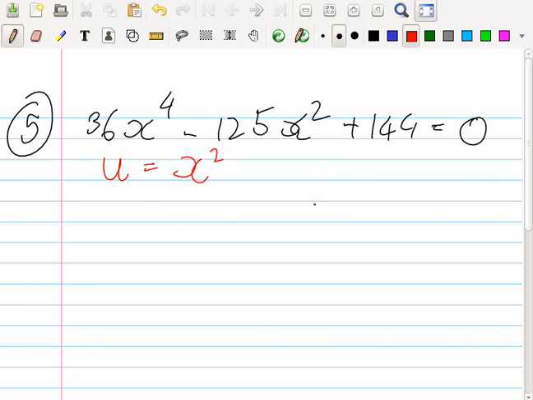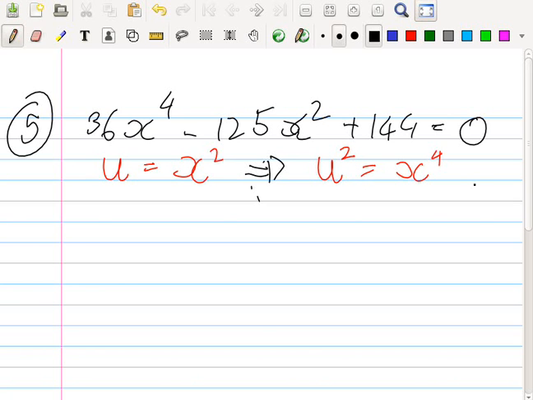So if u is equal to x squared, then u squared would equal x to the power 4. Does that make sense?